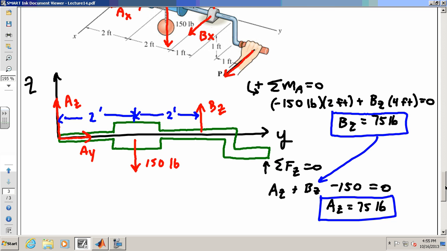AY is 0! Because that's the only force. Sum forces in the y direction equals 0. You only have one force in the y, therefore it must equal 0.